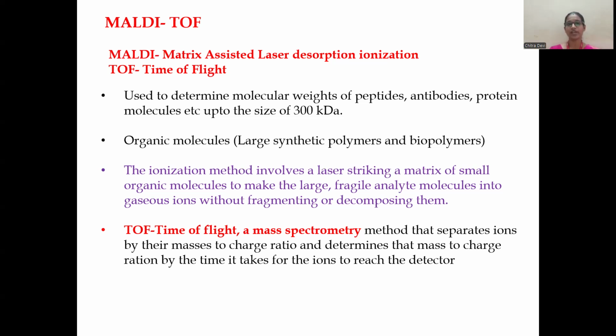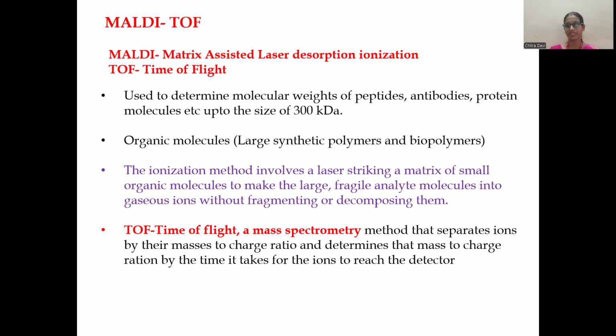It is only used to analyze organic molecules. Here the ionization technique is the MALDI type of ionization. It involves a laser striking a matrix of a small organic molecule to convert a large analyte molecule into gaseous ions without any fragmentation.